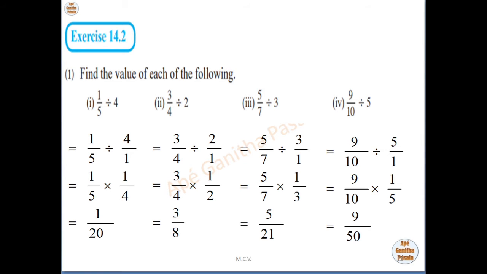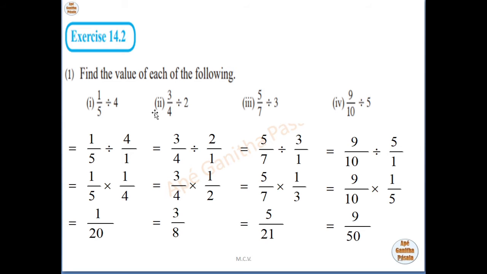Then let's move to the next exercise. Find the values of each of the following. Half divided by 4. On the right hand side, a whole number is there in this exercise. You know, for whole numbers, the reciprocal is always a unit fraction.